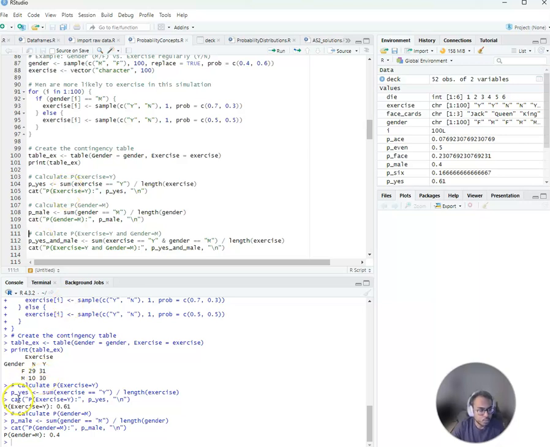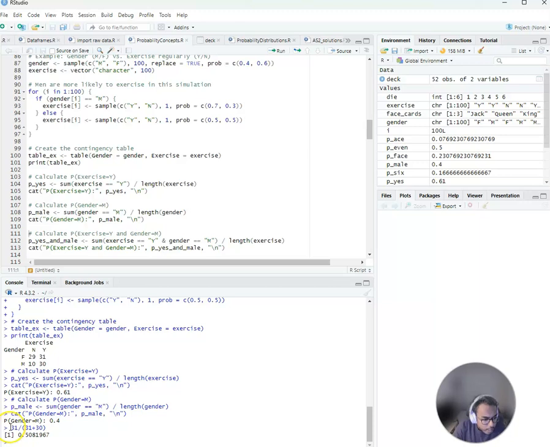Exercise equals Y. So 31 plus 30, which is 61. Sorry, exercise is 31. So 31 divided by 31 plus 30. Oops. No. So this is my bad. This is not the right way forward.